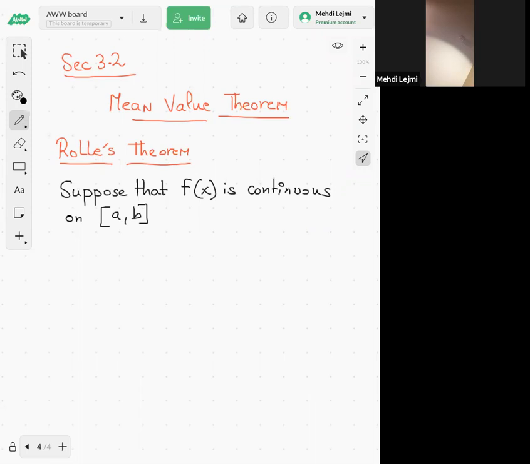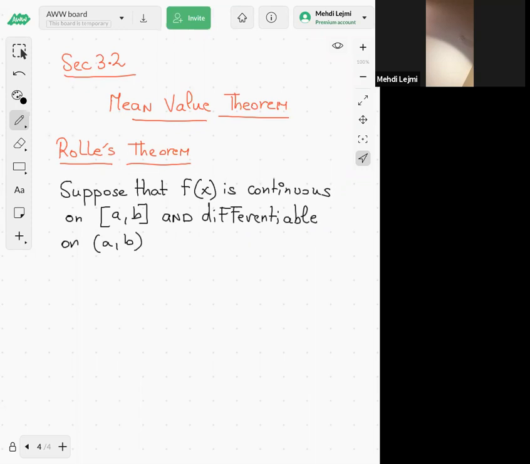So Rolle's theorem says almost the same thing. It says if you have a continuous function on a closed interval, and also suppose that f of x is differentiable. Differentiable means that the derivative exists. Anyway, we are interested in the derivative, right? So we want the derivative to exist, and differentiable on the open interval.